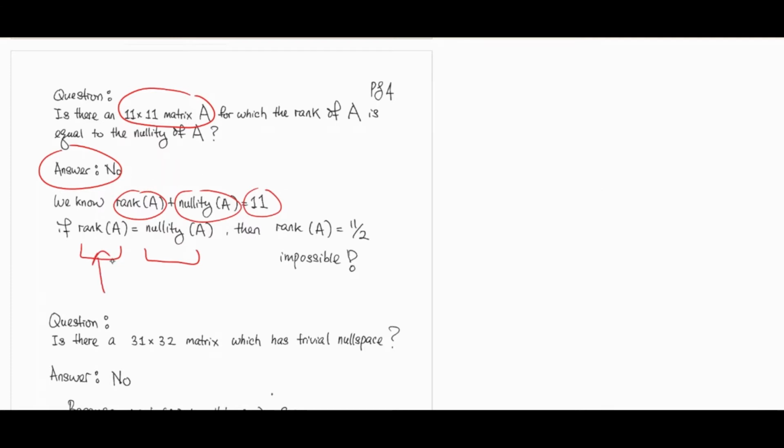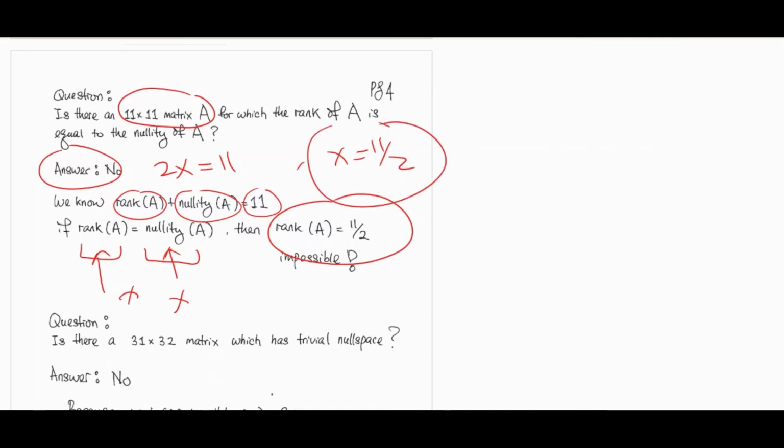If you call this rank A is X, so this will be also X. So you will have 2X equals 11, and then your X right here will be 11 over 2. So 11 over 2 is just not possible, because the rank of a matrix is the number of vectors in the basis of the row space of A, or of the column space of A. So you can't have 11 over 2.